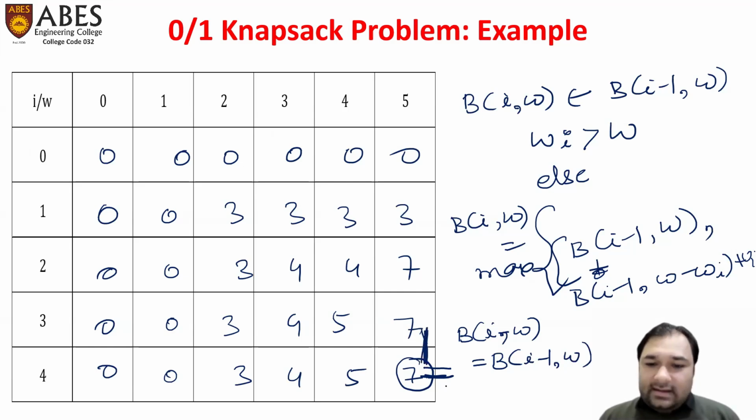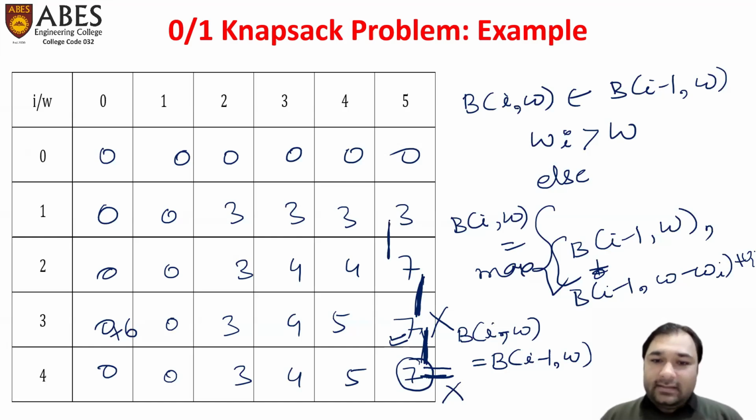This means that this item is not taken into consideration, because while calculating this value, we pick this or we have 0 plus 6 here. So we have returned this. Again, we go here and here. These two values are same. So we come to a conclusion that item 3 is not being considered in the solution.